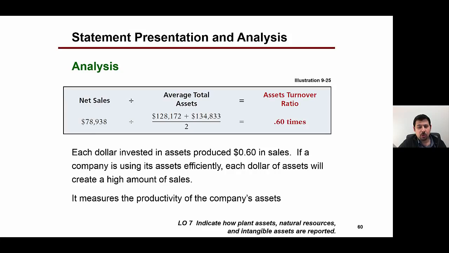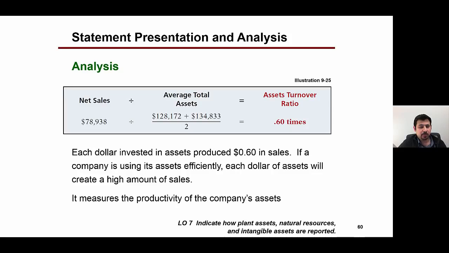In other words, how many dollars of sales a company will get out of each dollar invested in their assets. And the higher the assets turnover ratio, the better the efficiency of the company's utilization of their assets. So what this ratio is analyzing is the productivity of a company's assets, and the higher the ratio, the more efficiently the company is using their assets.